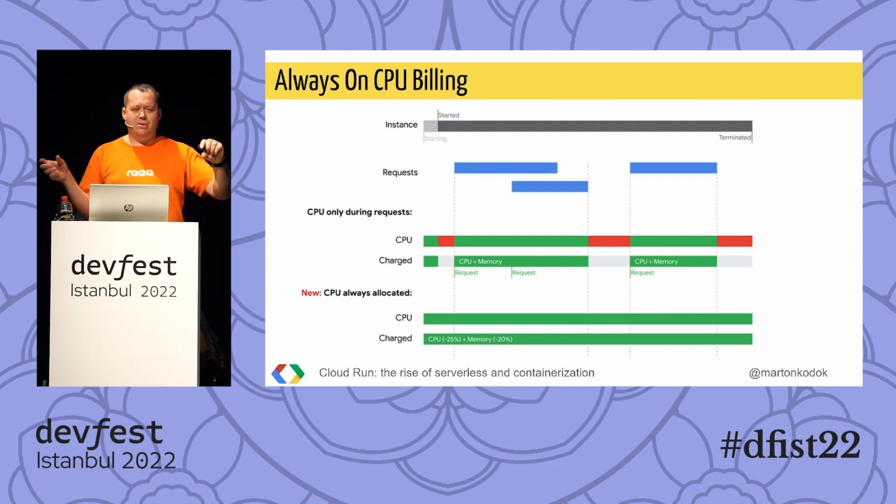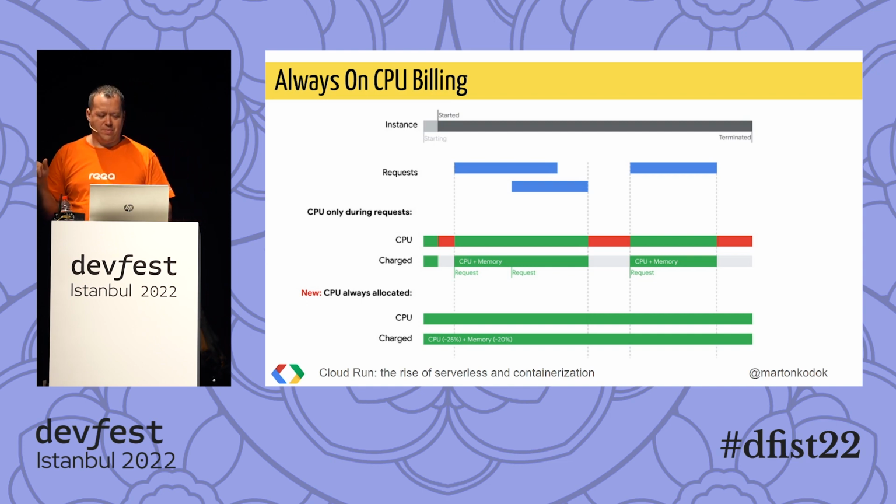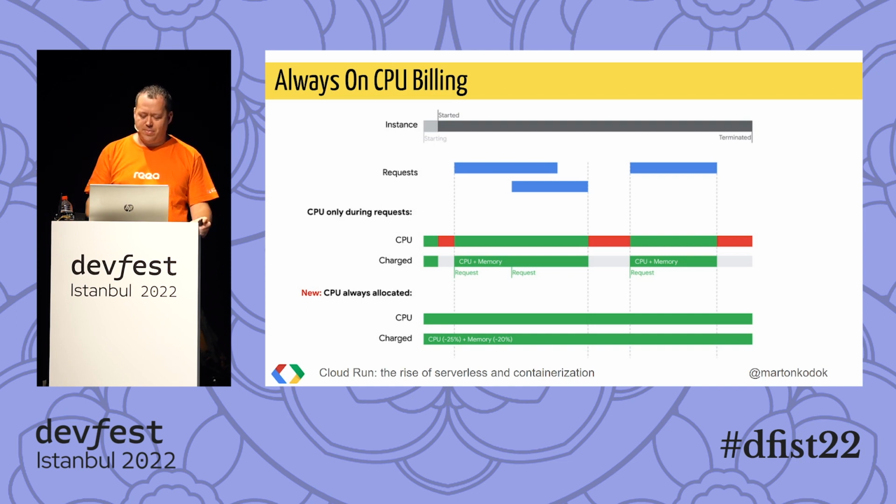Why? Because when there is no request, it's only 10% of the price. So if you, for example, start a VM and you run it for a full month, and if you do that on Cloud Run with one single instance, with always on CPU, but when you don't have a request it is 10% of the price, you will get a lower price at the end of the month.